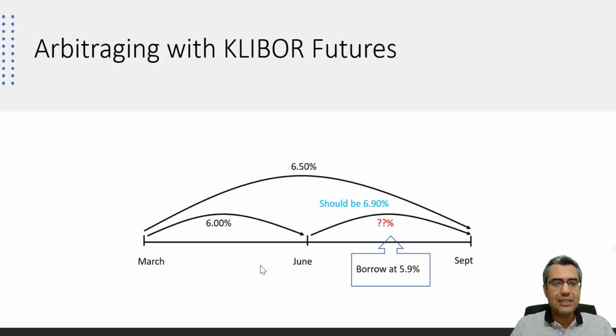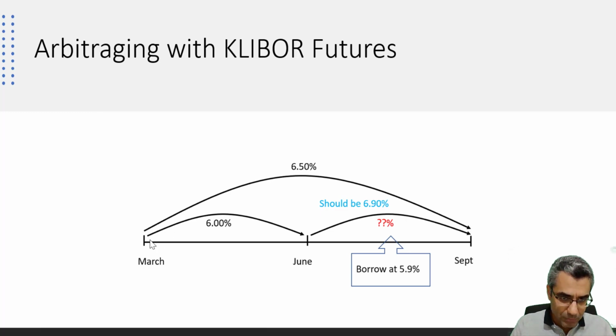Suppose that you already know, you go to the market, of course you know the interest rate. A 3-month rate is 6% today. So now is March, and it's very easy to check what is the interest rate today. Suppose the rate today is 6% for a 3-month period, and for 6 months the rate is 6.5%.